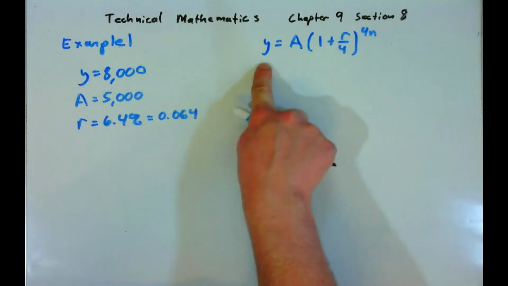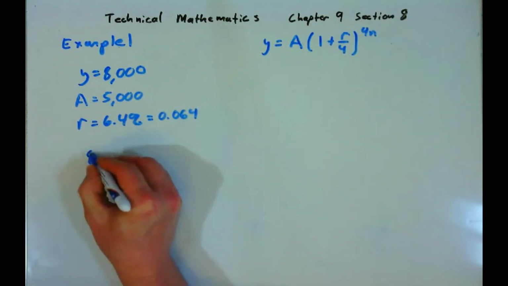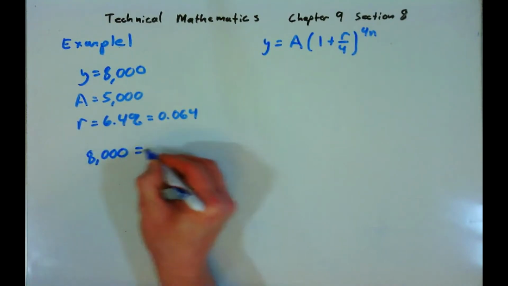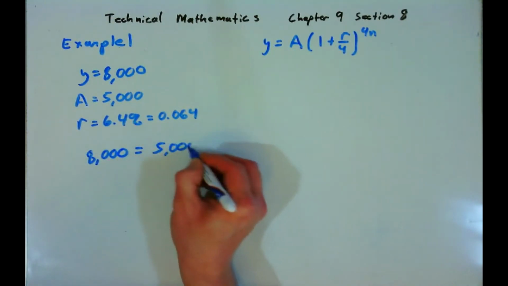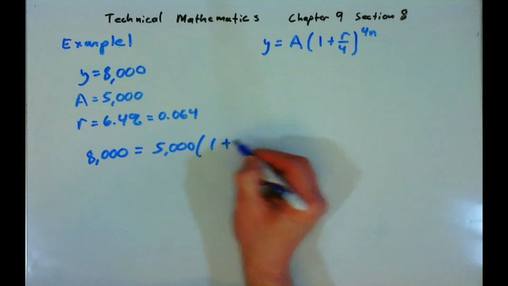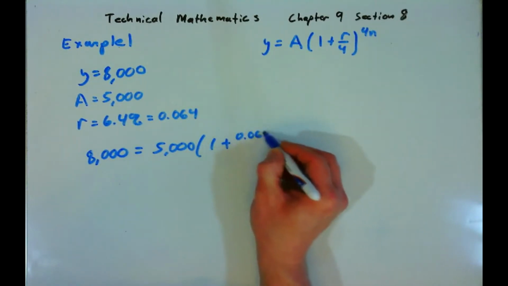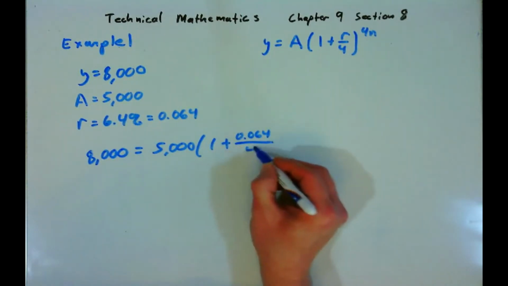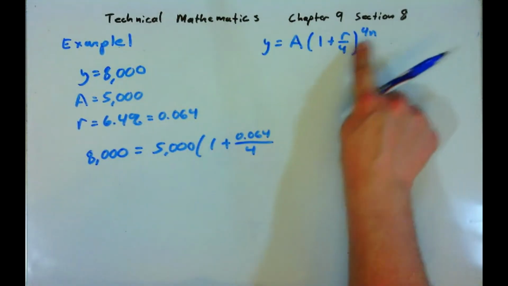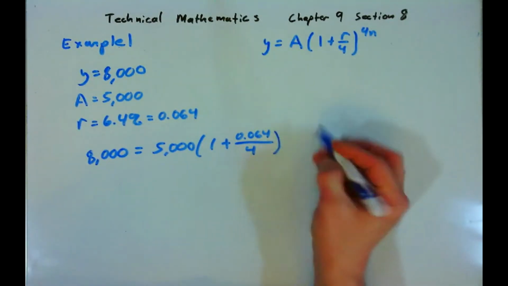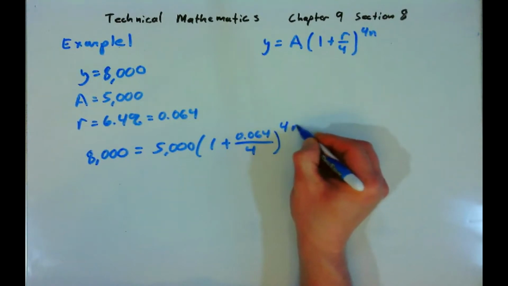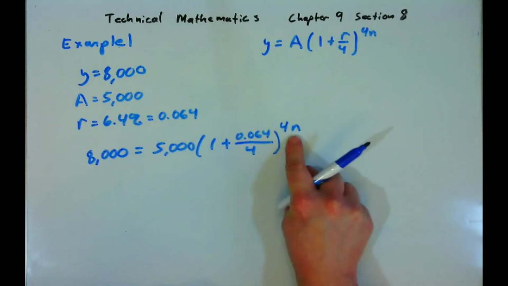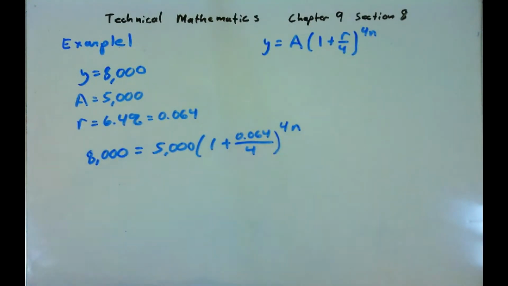So $8,000 is the amount that we want after some amount of time. $5,000 is the original investment. The interest rate is 0.064. Our interest is compounded quarterly, so we're using 4 in the formula. And we want to solve for n. That is how many years. n is the number of years that passes. So how many years does it take?